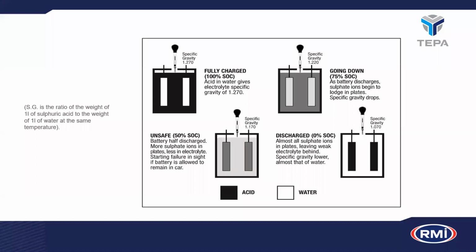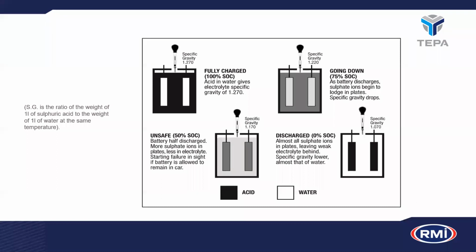So you have less water than acid, and so your battery is fully charged when your SG is showing 1.270 on the float level in the hydrometer, and a hydrometer is obviously extremely useful in testing the battery's values.